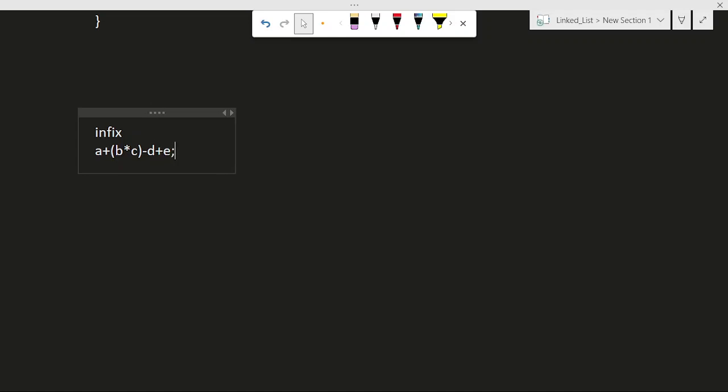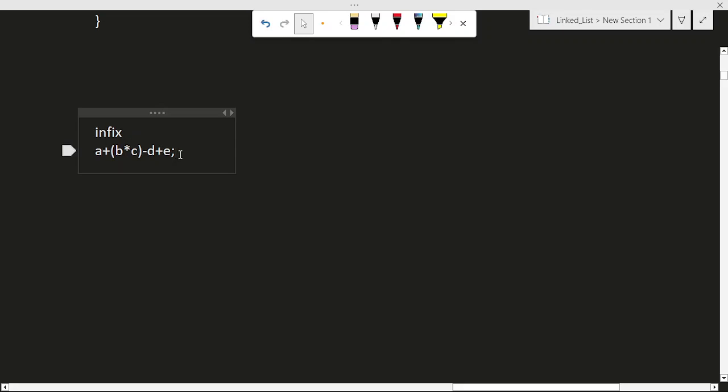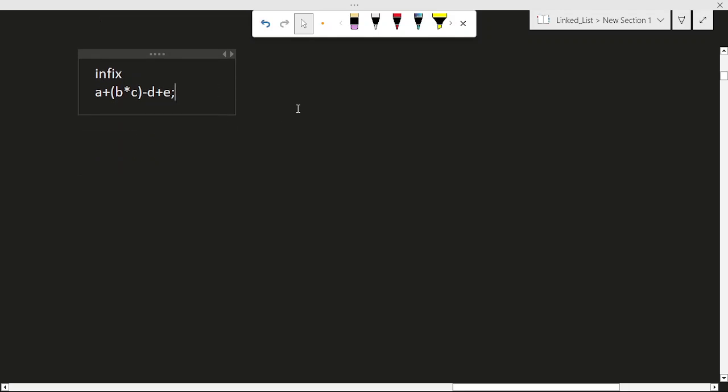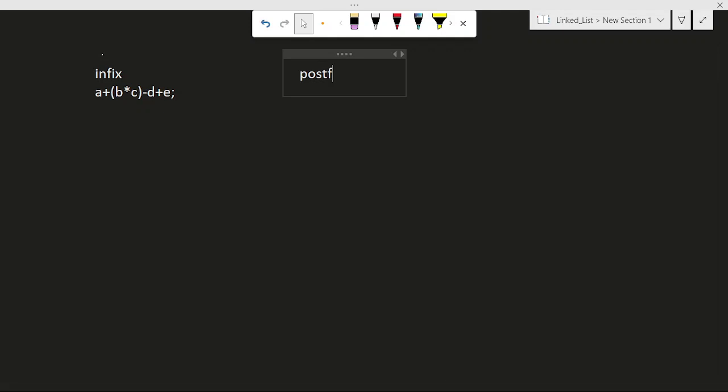I think I can cover all the conditions using this expression. So let me take this expression. I will do the postfix of this manually, and after that I will show you how to code it. That is so much easier.